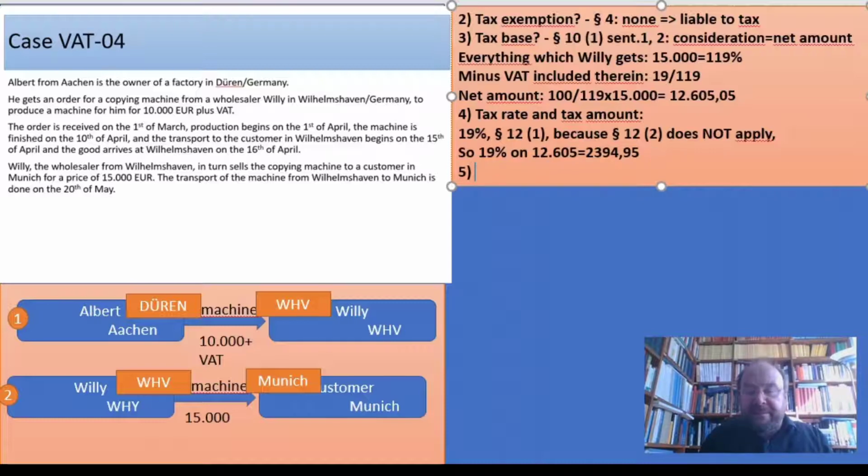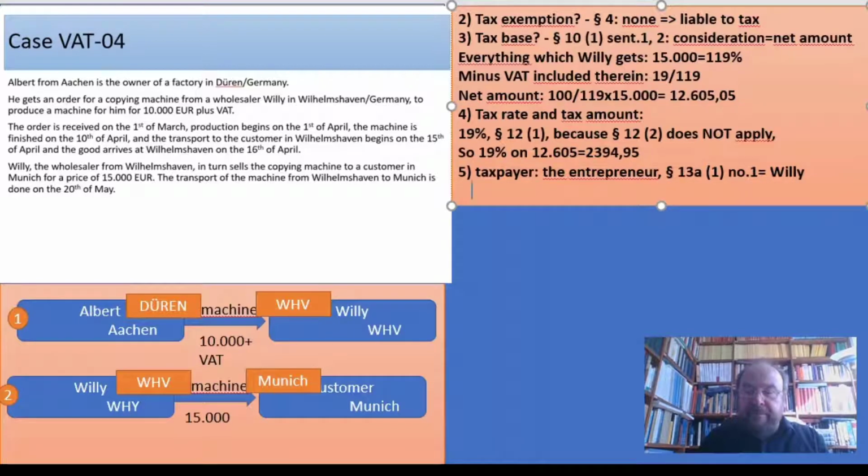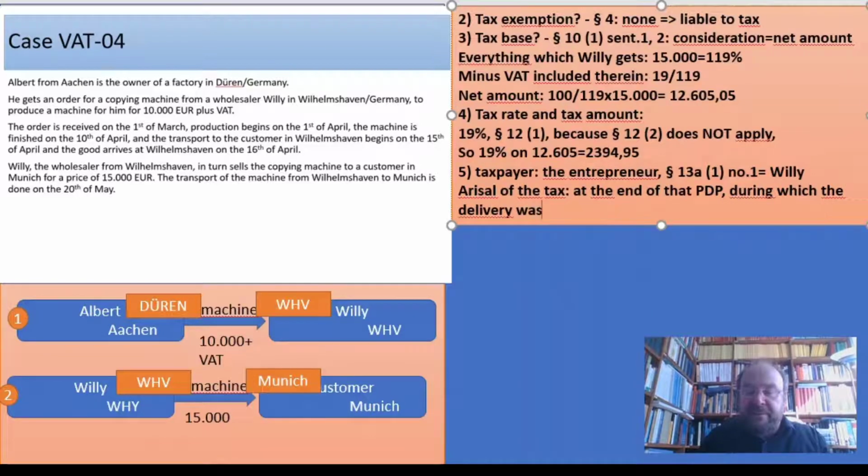The formalities. The taxpayer is now the entrepreneur. Pays again, always. And this is Willie. The arising of the tax is at the end of that preliminary declaration period during which the delivery was made.